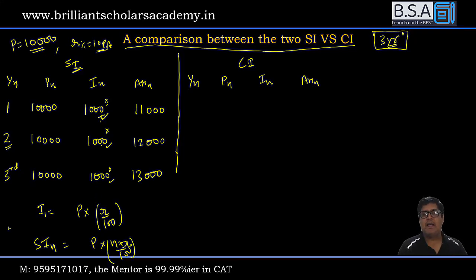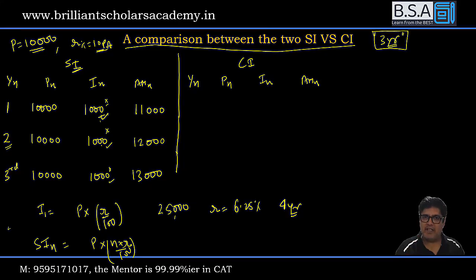So how I teach SI is, don't focus on principal, you focus on NR. These are examples, you can write it on a separate page. If I ask you, on a principal of, let us say, 25,000 with a rate of interest 6.25% for 4 years, how much money will I take home?